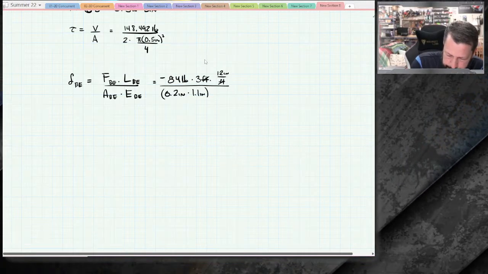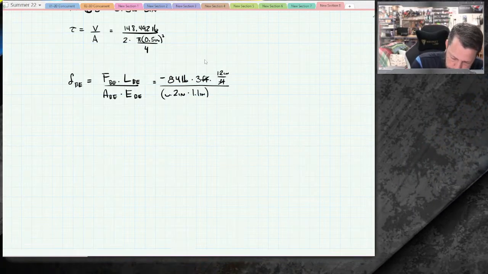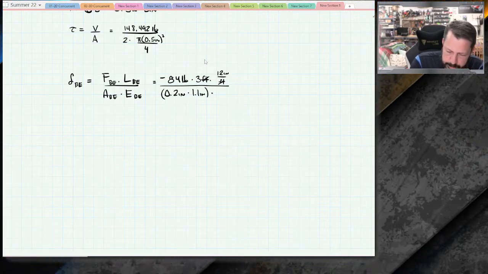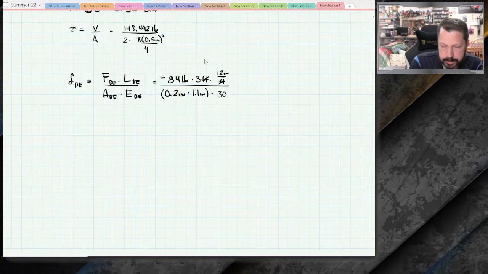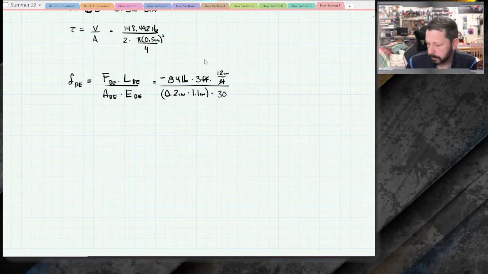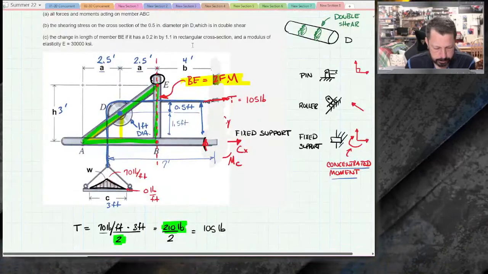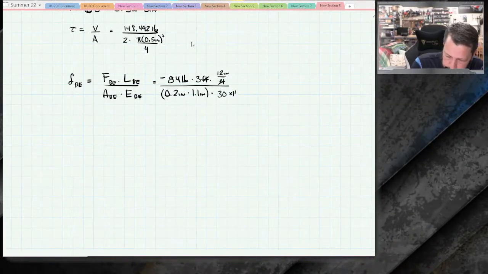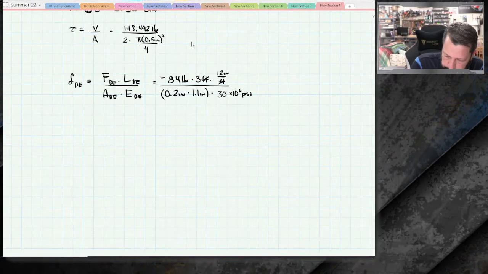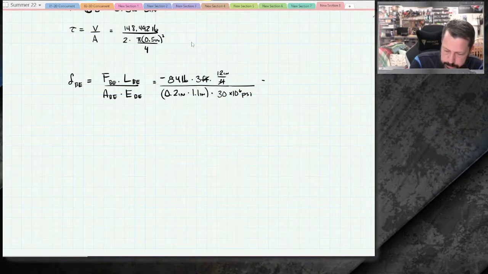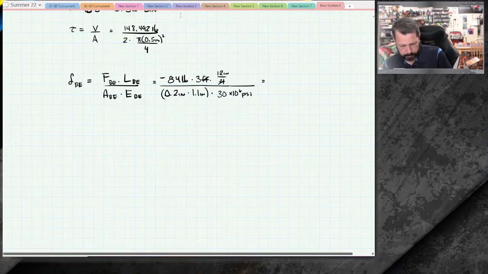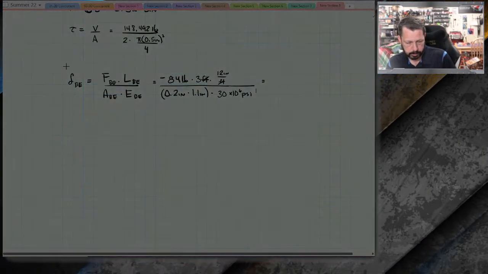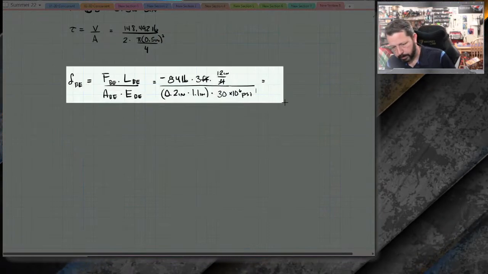That's its area. And then they gave us the modulus of elasticity as 30,000 KSI, I think it was. Yes, so that's 30 million PSI. And now we just need to do this math. Again, my little calculator over here is not going to do well with that, so we'll put this in MathCAD also.